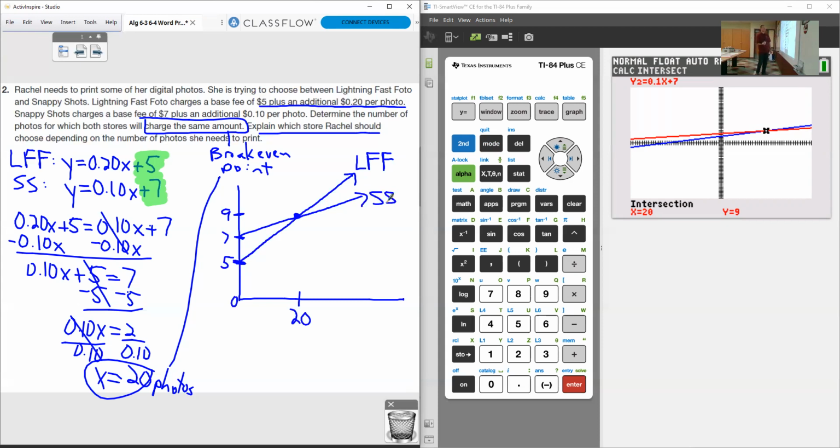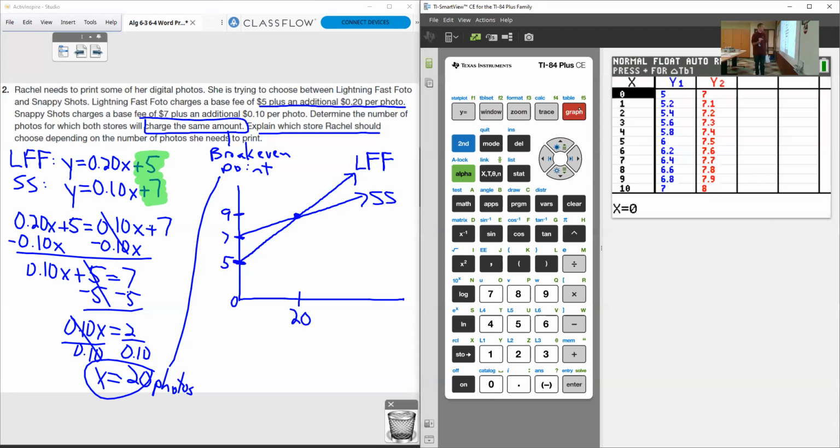Now, what this graph tells me, and I can do the same thing from the table, we'll talk about that in a second. But what this graph tells me is which store Rachel should choose depending on the number of photos she needs to print. Well, you want the better deal. You want the one that costs less.